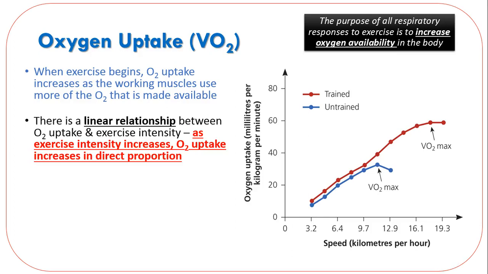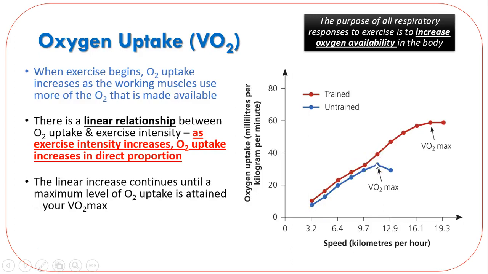Really important that we understand that there's this linear relationship between oxygen uptake and exercise intensity. So if we look at this graph, as we increase our intensity of work or our speed, so we work harder, we also have an increase in our oxygen uptake. And there's a linear relationship. Regardless of our training status, the harder we work, the more we increase our VO2.